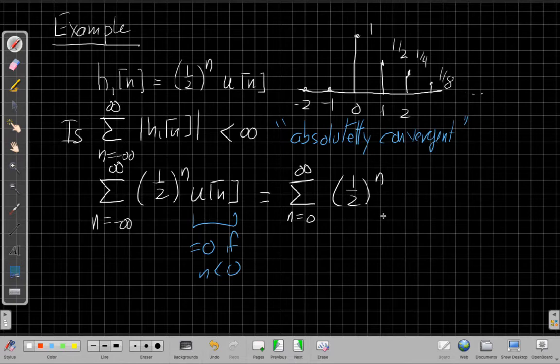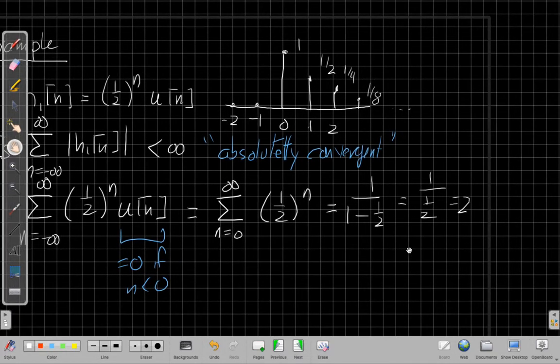I look at that and I say, ooh, I know that one. That's a geometric series. In fact, it's an infinite geometric series. And so this is equal to 1 over 1 minus 1/2, which is 1 over 1/2, which is 2. Right? And 2 is definitely less than infinity.